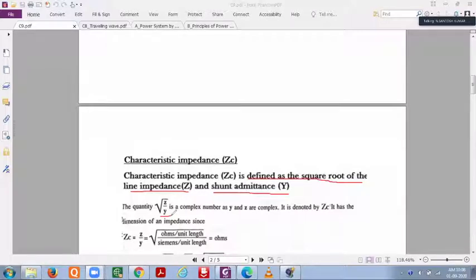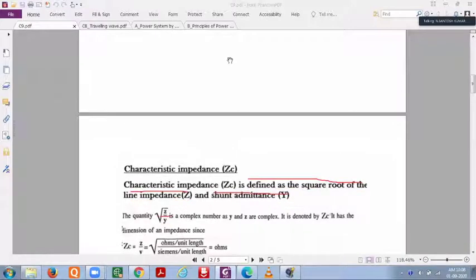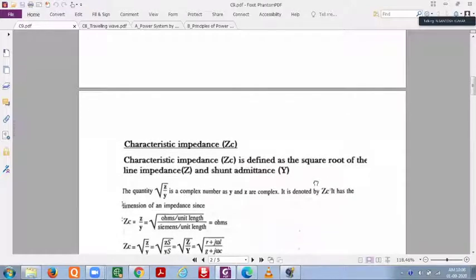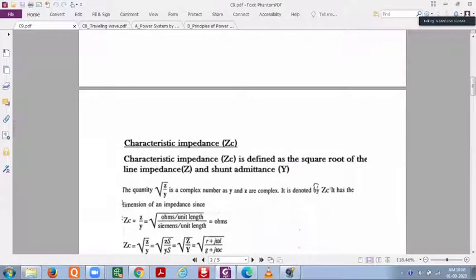On that day, while deriving the long transmission line concept, I told you to keep it in mind: ZC is nothing but under root Z by Y. Now we'll see what characteristic impedance means, how it behaves, and what it is doing. Now just focus on the cursor point. Simply don't look at the entire slide, you may get confused.